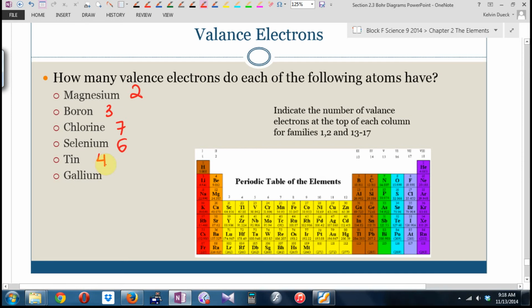Gallium. Where the heck is gallium? Here, gallium. I gave you some weird ones on purpose. I'll give you about 10 more seconds and then we'll go over the answers.